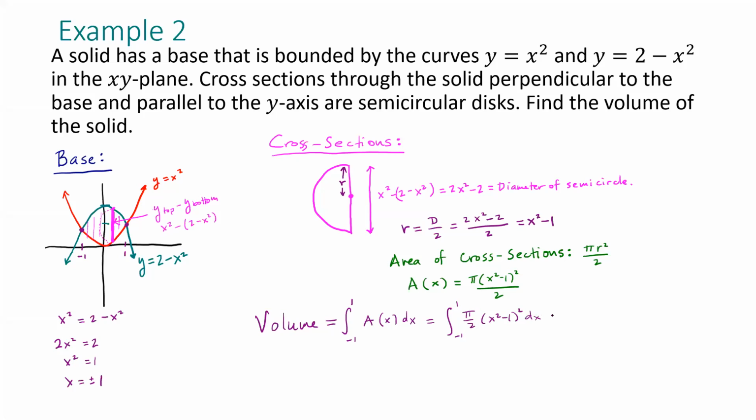Here I'll take the pi over 2 out first because that's just a constant multiple. I will FOIL out x squared minus 1 squared, so that'll be x to the 4th minus 2x squared plus 1.